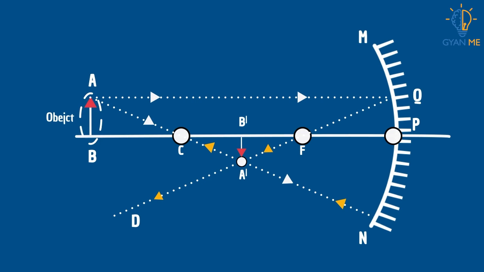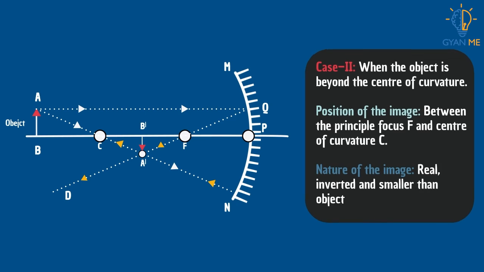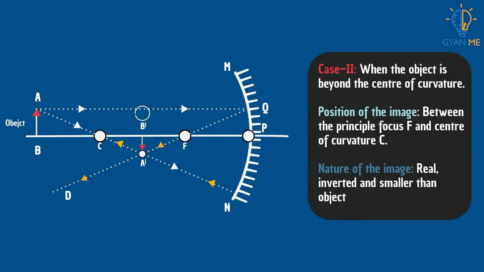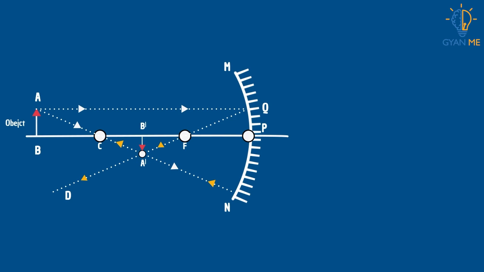From this, we see that when the object is placed beyond the center of curvature, the image formed is between the focus and center of curvature of the mirror. This image is smaller than the object and is inverted because it is real, as the reflected rays actually cross each other. This real image can also be obtained on the screen, and that's what we are doing.